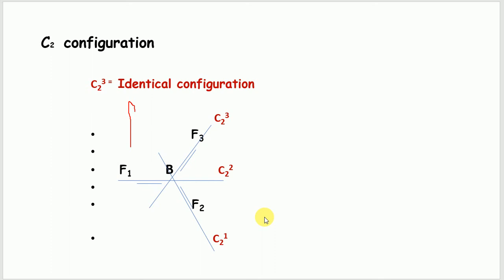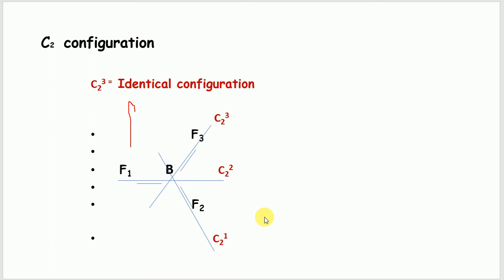You know, the axes passing through opposite corners of the hexagon are C2 axes, as if the molecule is rotated by an angle of 180 degrees around this axis, then an indistinguishable configuration will result.